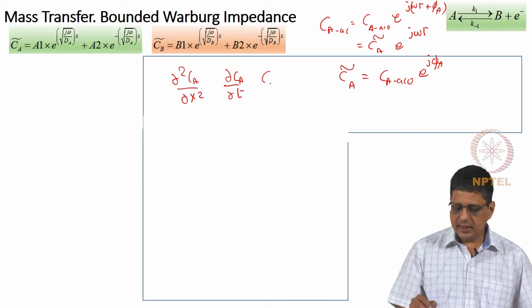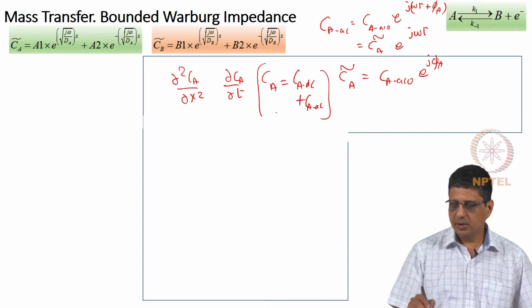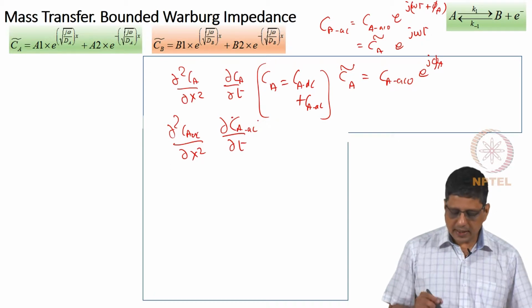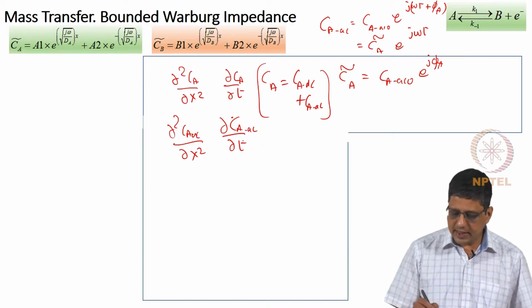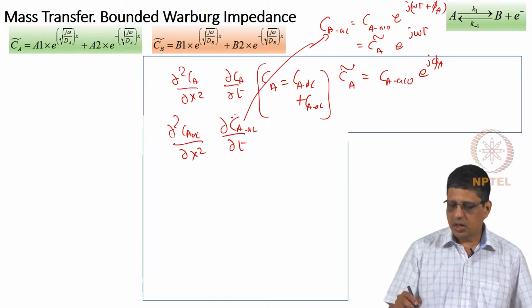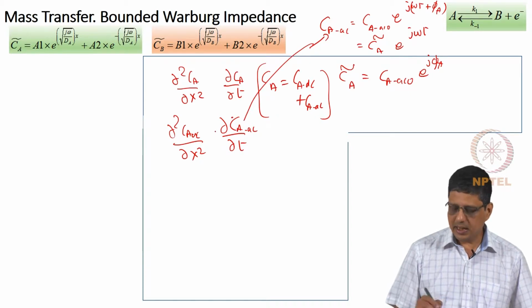Then we said Ca can be split as Ca DC plus Ca AC, and therefore, these equations we wrote in terms of Ca AC. And then we said Ca AC can be written in this form, that is our assumption, and with that assumption this PDE became ODE.